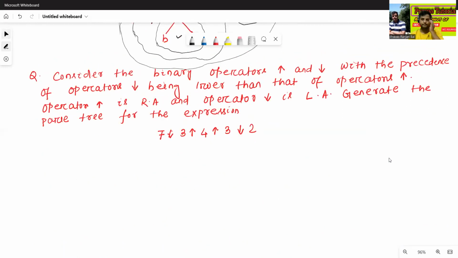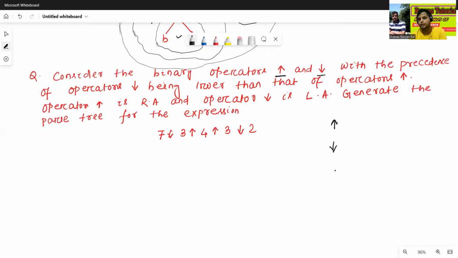Let's see. Consider the binary operators. There are two operators. One is upper arrow mark, one is lower arrow mark. Consider the binary operators of upper arrow mark and lower arrow mark with the precedence of operators, lower arrow mark being lower than the upper.